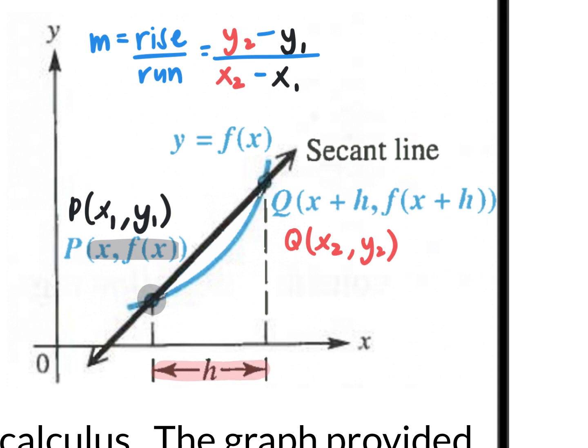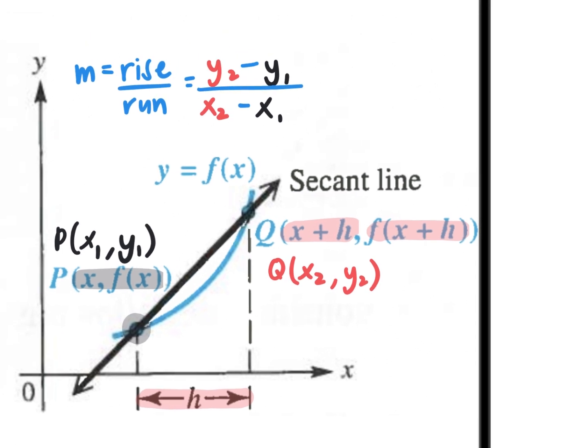So if the next point is h units over from x, I would label that as x plus h. Say it was 5 units, it'd be x plus 5. My y value, same thing. I would plug in our x value of x plus h to figure out what my y value is as an output.